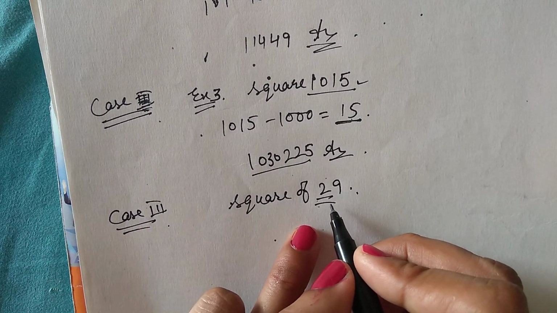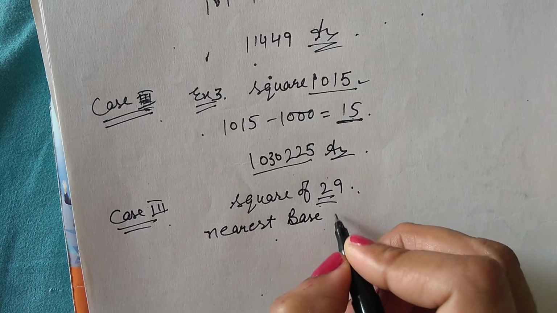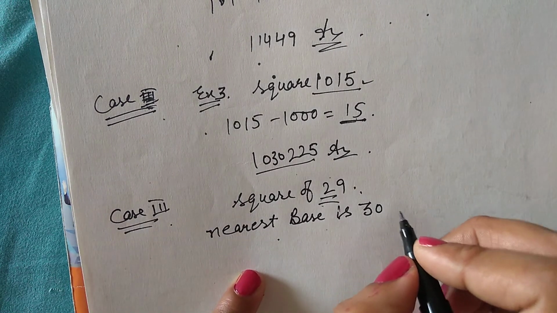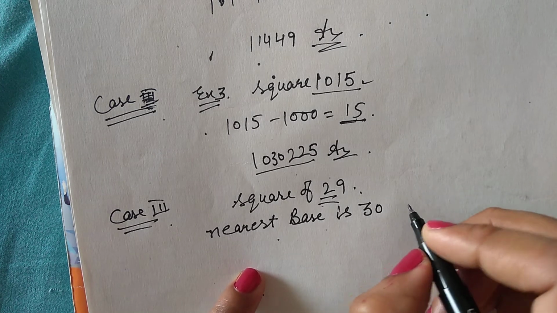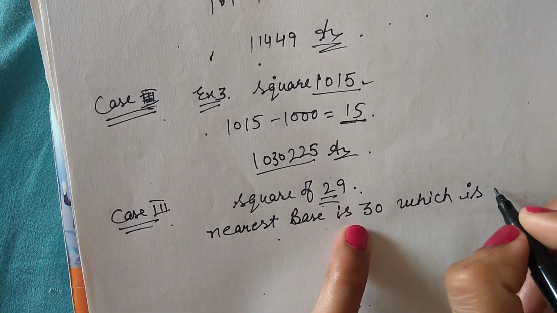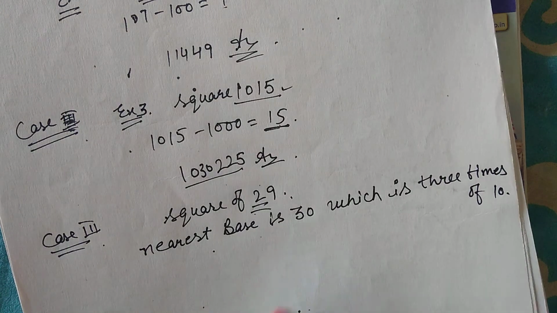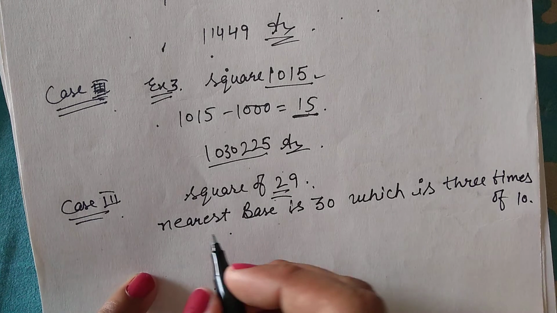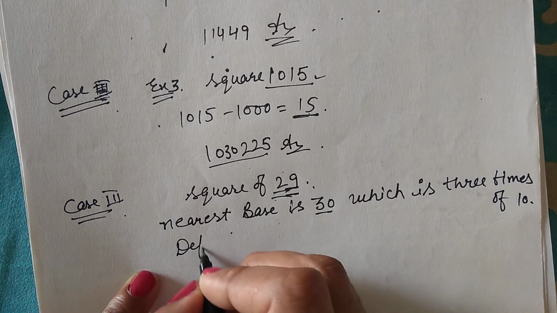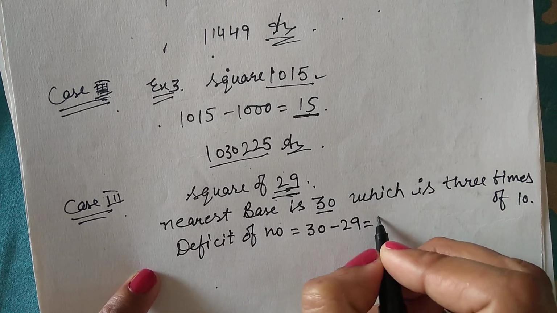Okay, for 29 the nearest base is 30. 30 is how many times 10? 30 is 3 times 10. And now we find the square of 29, taking base 30 and the deficit of the number, that is 30 minus 29, that is 1.